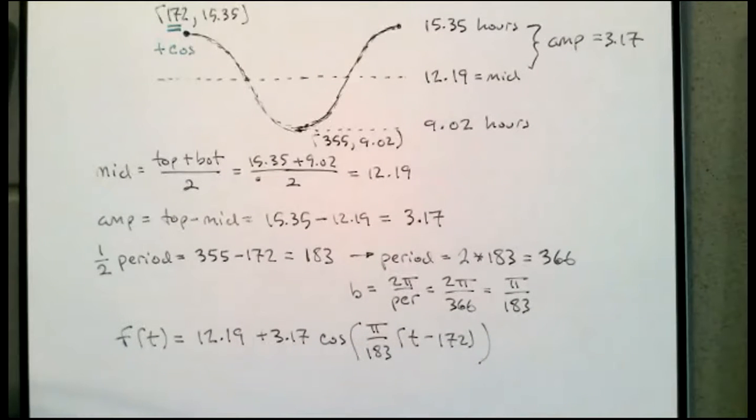Now we have a formula for calculating the number of hours of daylight on day t of the year.